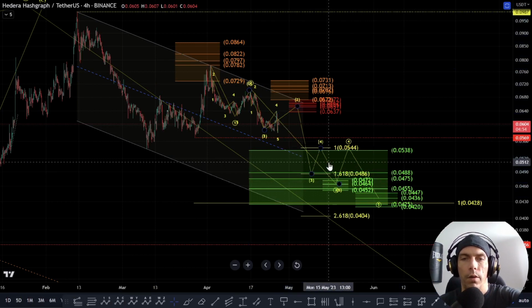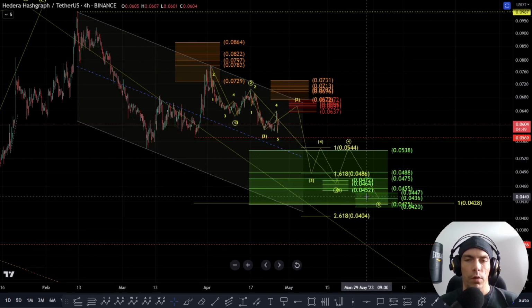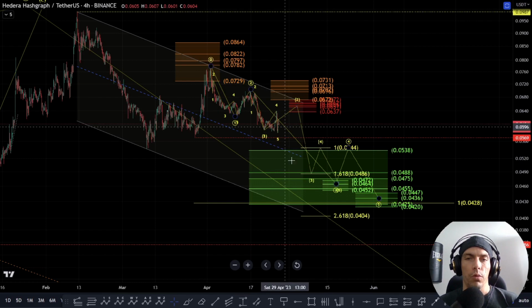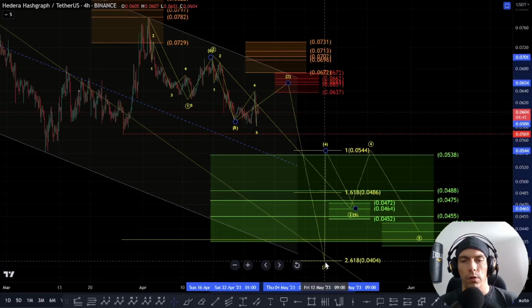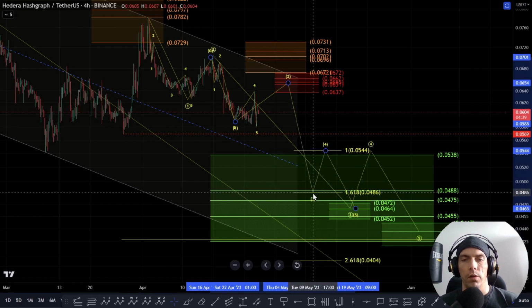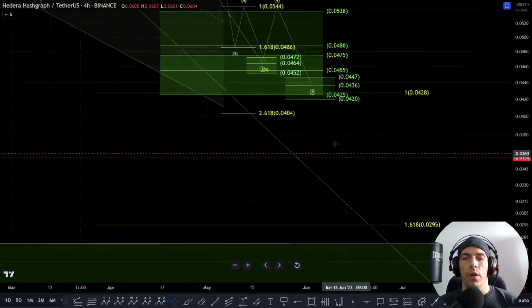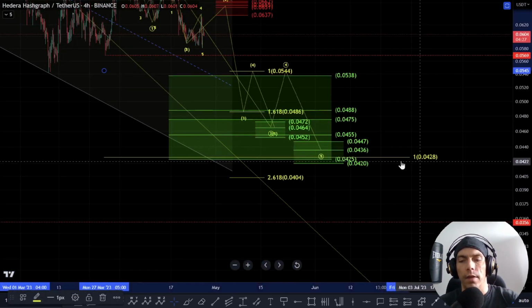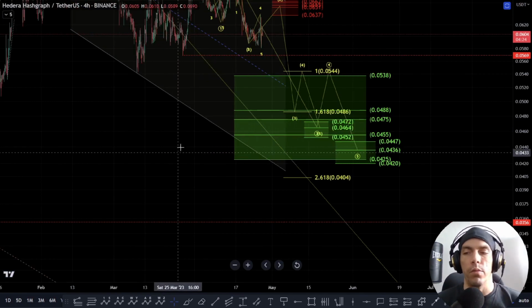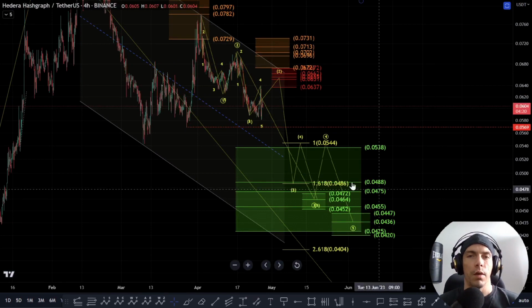So if we break down in a five-wave structure like this, directly down here, we need to just be aware that this could be a turning point, or alternatively, if the moves start to extend, this third wave could potentially end up going towards the 2.618 instead of just this 1.618, and that would mean that we would have a bigger third wave down to this zone of this 0404 region, which would be putting us closer towards this target area of this 1.618, looking at that possibility of developing a bigger five-wave move. But like I said, as long as we hold 0356, there is still potential for upside to come in here.